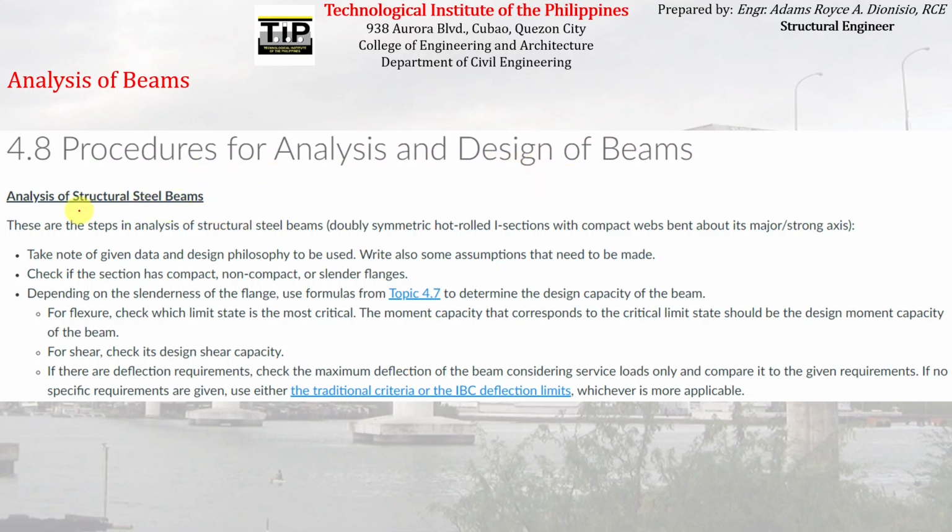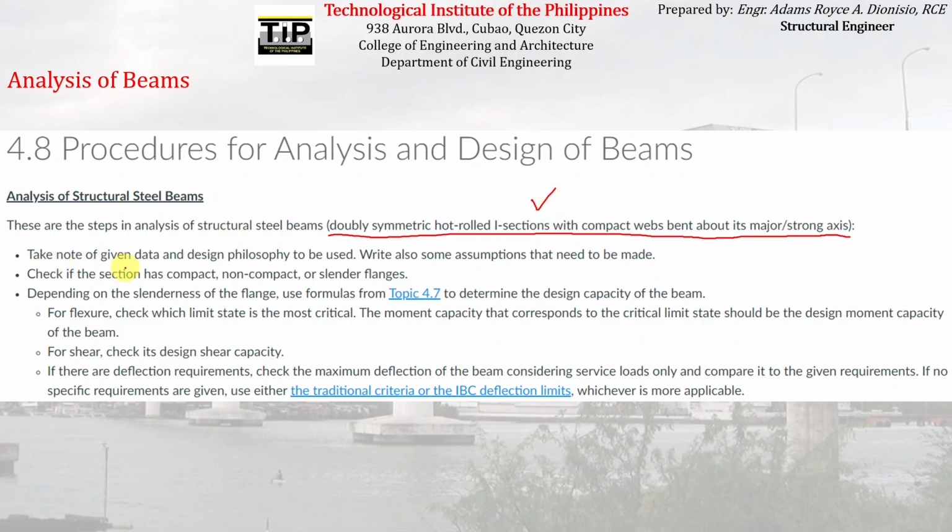So we start with the analysis of structural steel beams. These are the steps in the analysis of structural steel beams, limited to doubly symmetric hot-rolled I sections with compact webs bent about the major or strong axis.